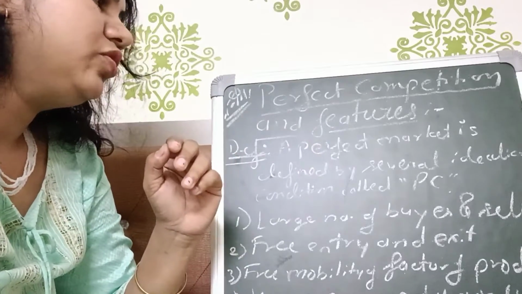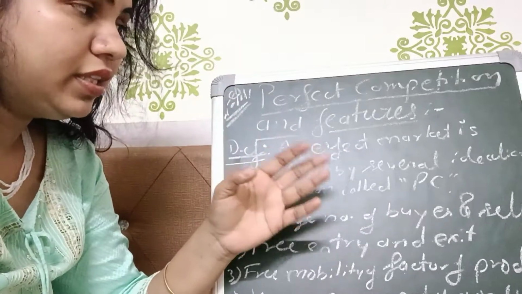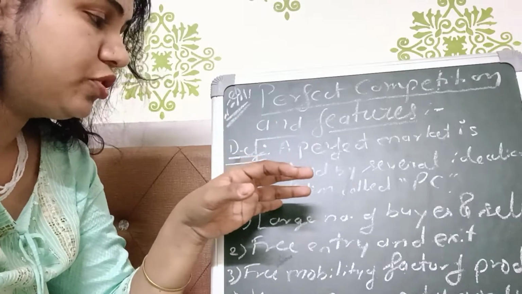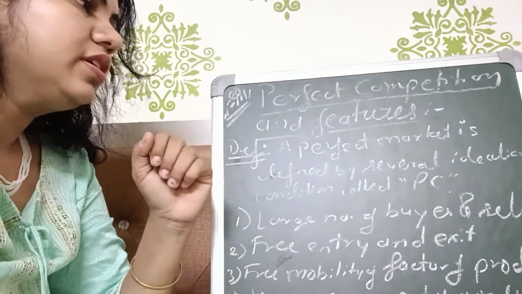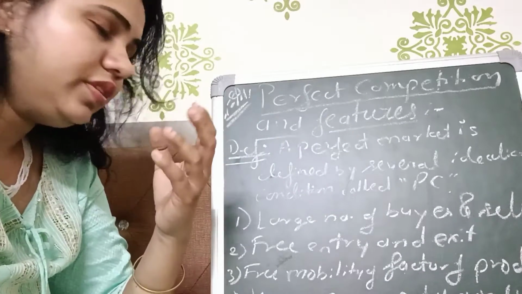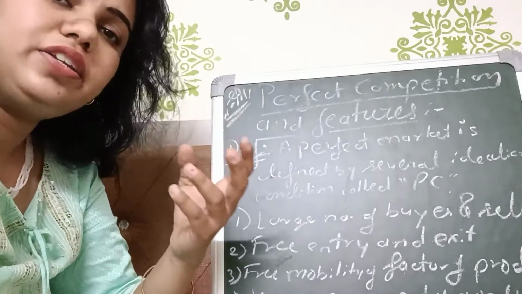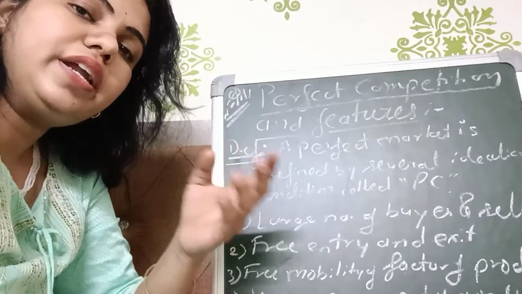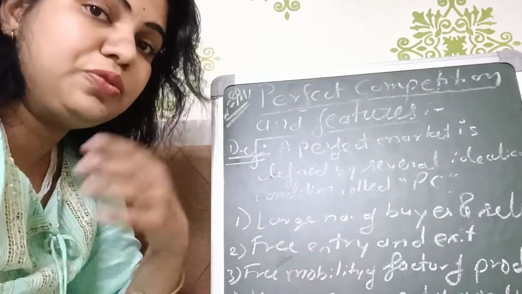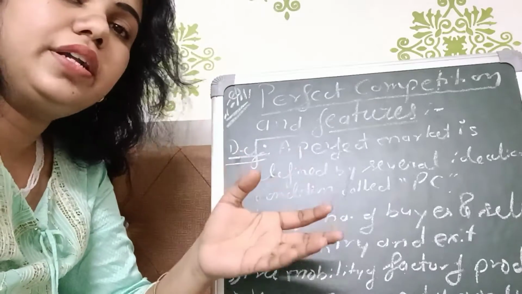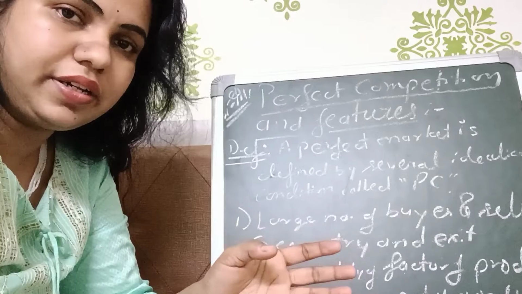The perfect competition market is defined by several idealistic options and conditions. Several options means different types of options are available to the customer to buy the product, and there are no conditions in the market.